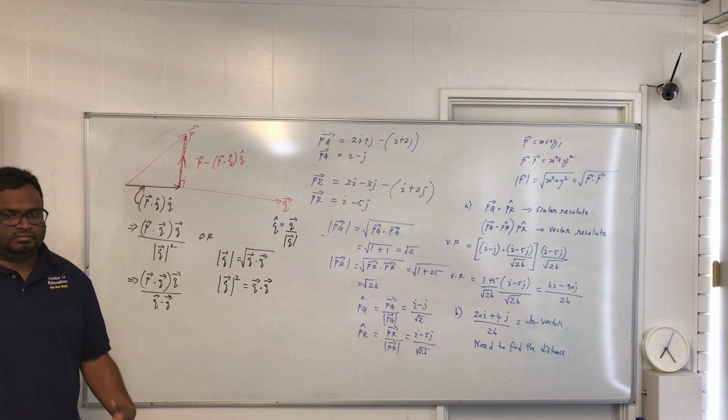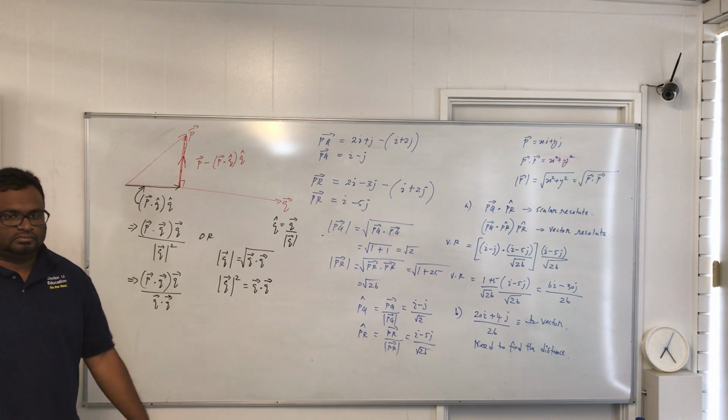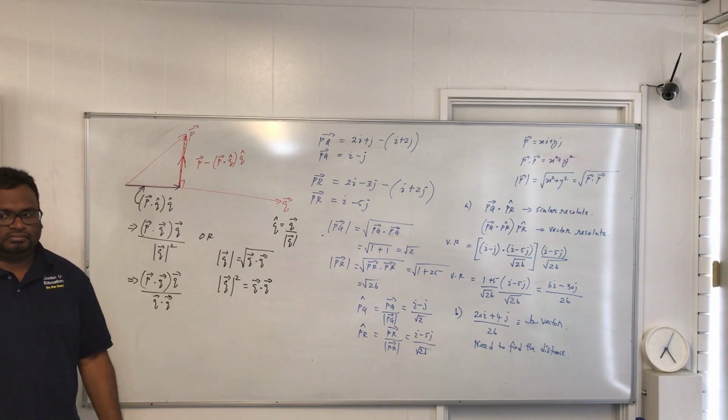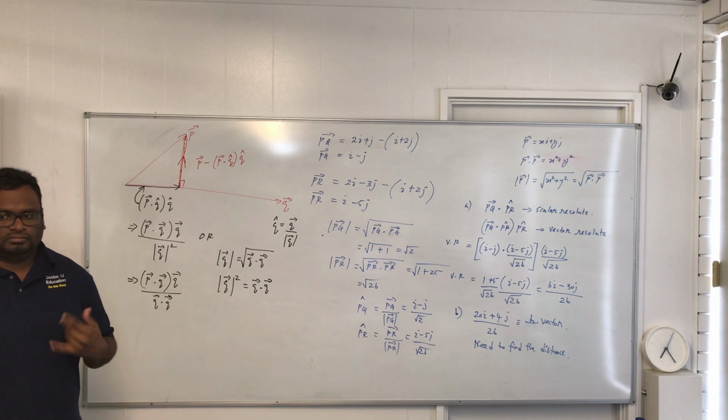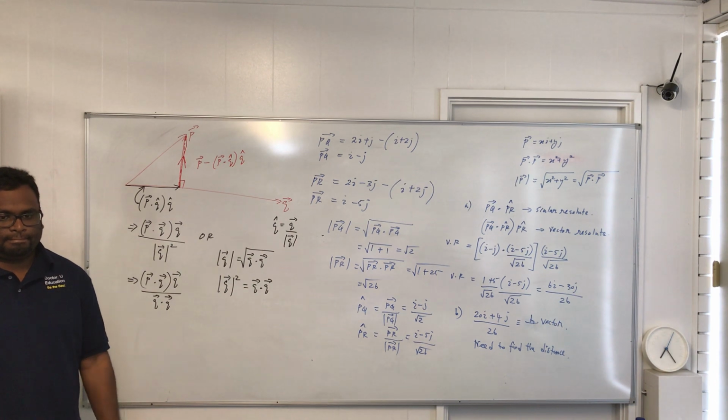6I minus 35 over 26. 20I minus 4J. Okay, 20I plus 4J over 26.